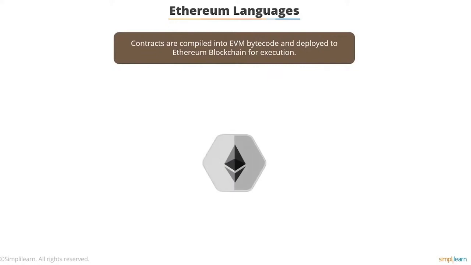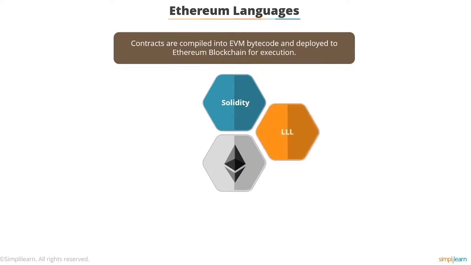The first language is Solidity. Solidity is an object-oriented, high-level language used for implementation of smart contracts on the Ethereum blockchain. Solidity was influenced by Python, C++, and JavaScript. It is designed to target the EVM. The second language is a low-level Lisp-like language, abbreviated as LLL.